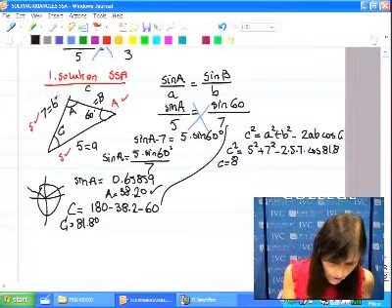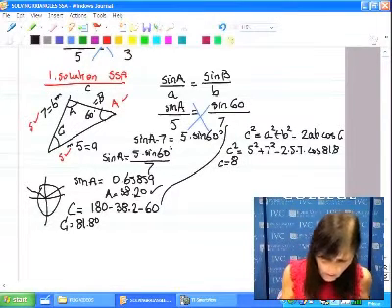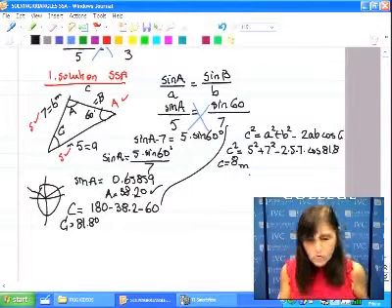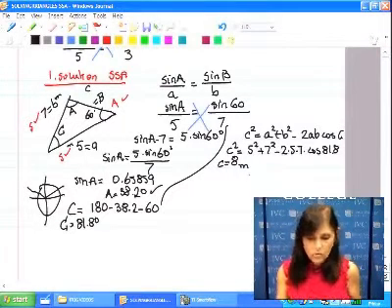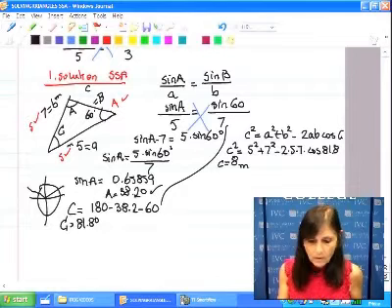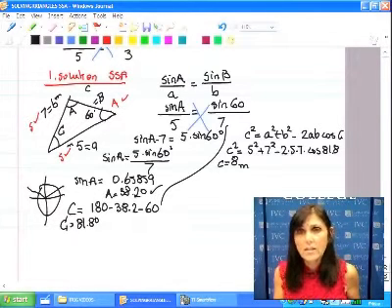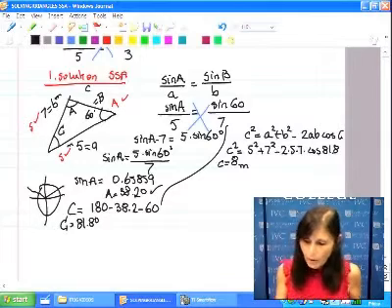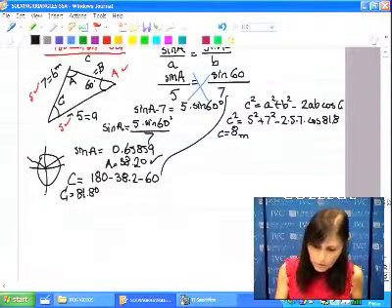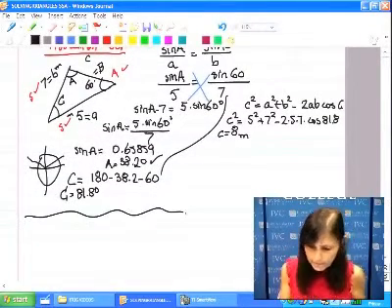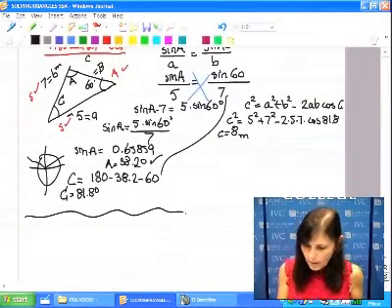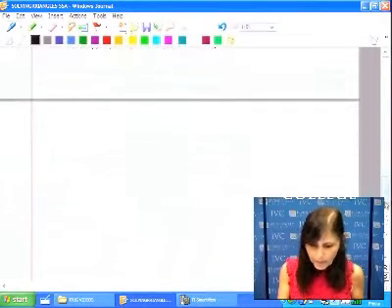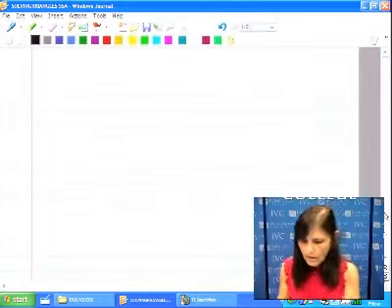Let's assume these are in meters. So I did get one solution. I double checked, triple checked, and I got all the sides solved, and I'm done with this problem. What was the last one that we were going to look at? Let's go to a clean page for that one.